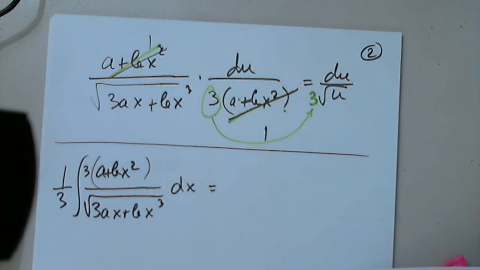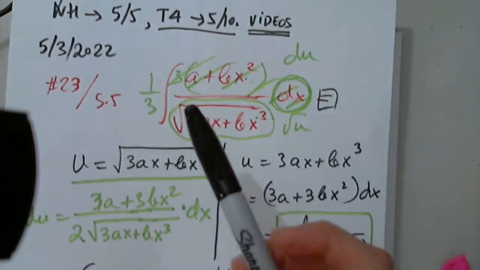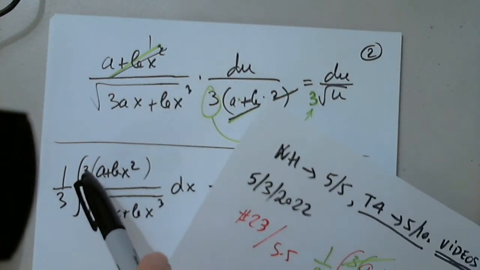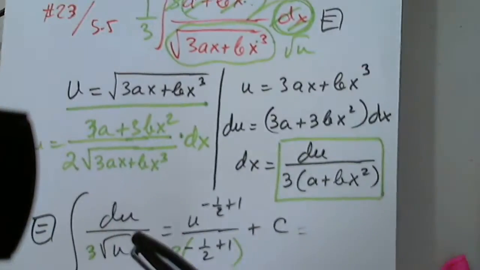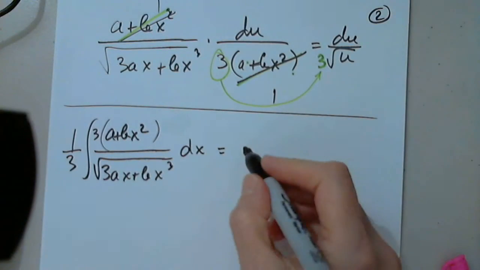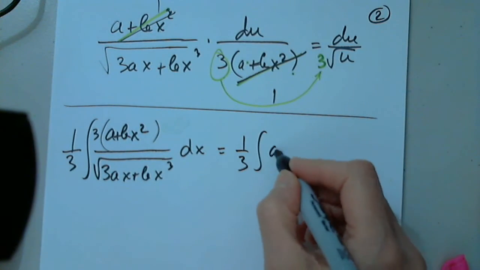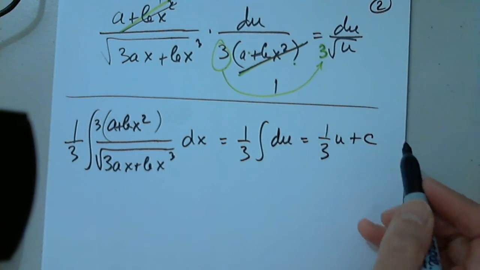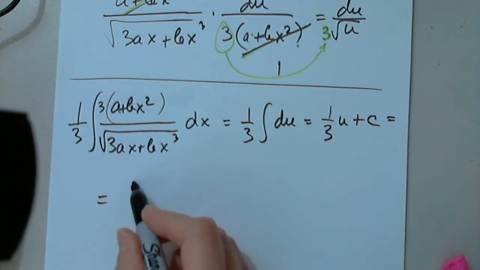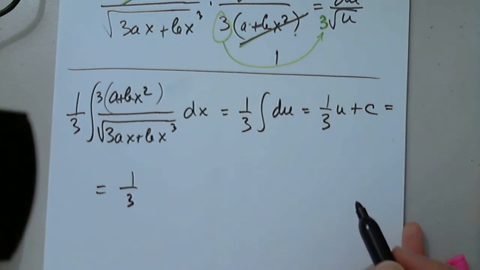Okay then. So then with a 3 times this, times this, divided by this, and the dx is just du. So this is 1/3 the integral of du. So this will be 1/3 u plus a constant c. And now I have to go back: 1/3, and we have u.